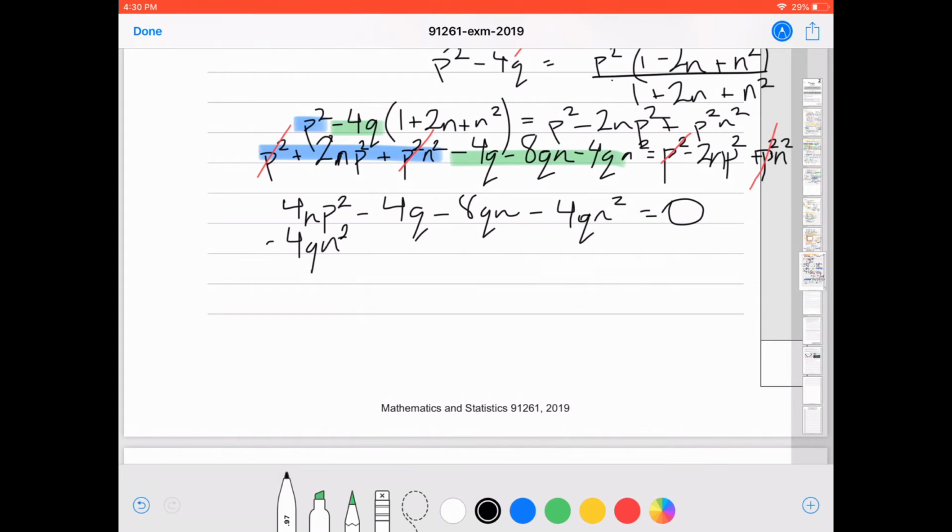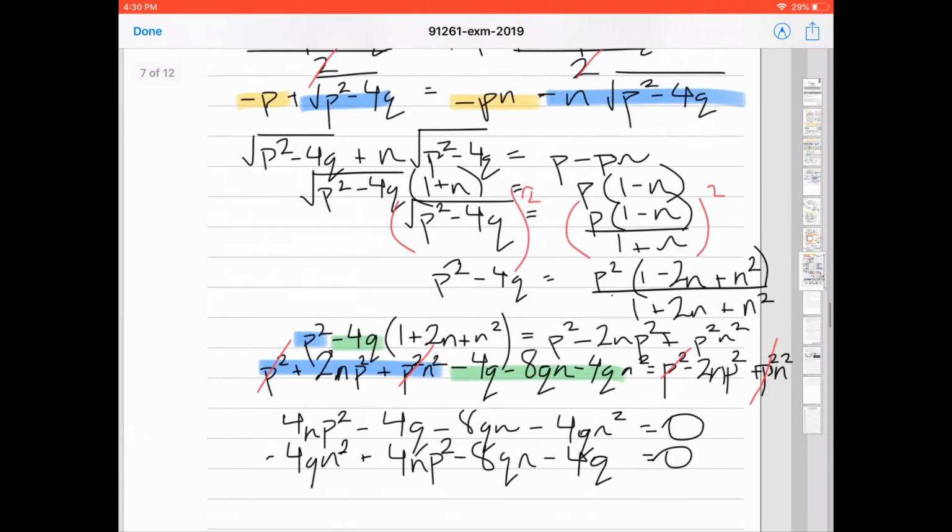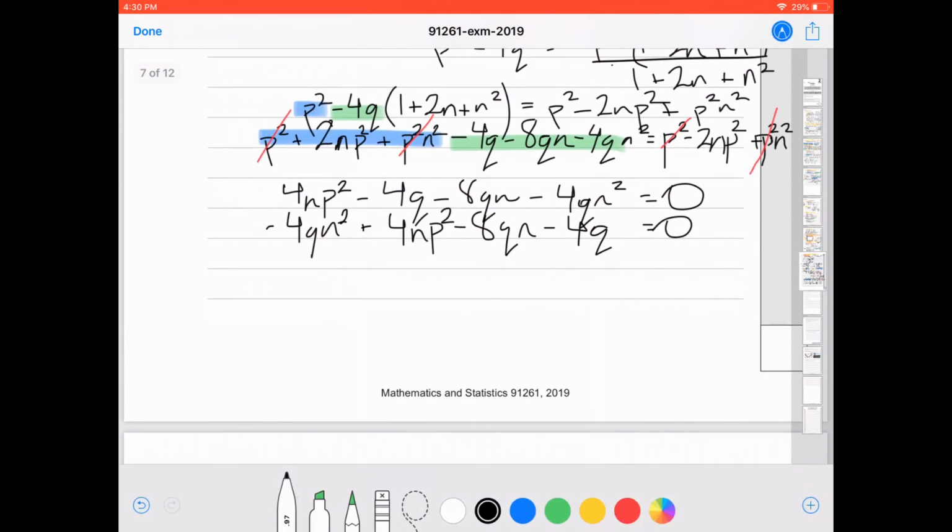Now our terms with n in them, we've got positive 4np squared minus 8qn minus 4q. This equals 0. I have noticed that we can take a common factor of 4 here, and actually let's do that now. We're taking out a common factor of 4, that will just cancel because we're dividing by 0. So straight away we can write qn squared plus np squared minus 2qn minus q.